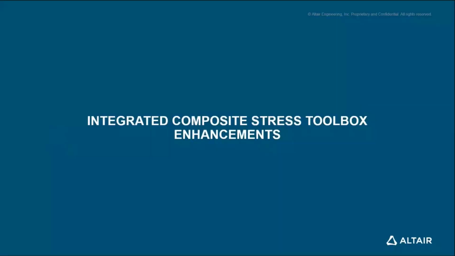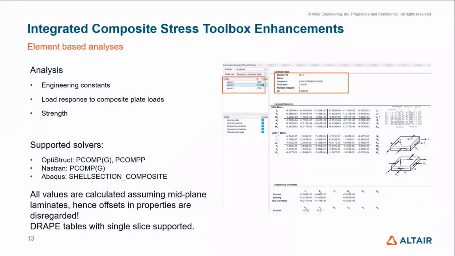Now let's continue and concentrate more on the updates themselves. The first topic here is the integrated composite stress toolbox enhancements. The first functionality that was added is the element-based analysis, which means if you're used to the composite stress toolbox and used to getting your engineering constants for materials, plies and laminates, you can now do that straight away from an existing FE model by just selecting the elements.